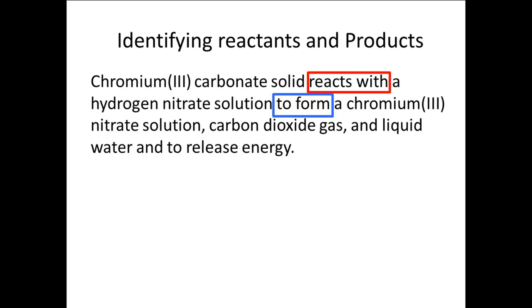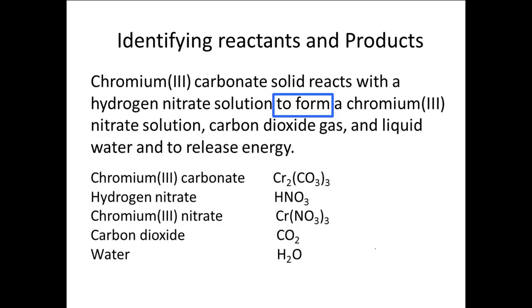The divider here is to form, and this sentence is written in a way that the first things are the reactants. The verb reacts with shows this. And the 3 substances after to form are all products. So, chromium(III) carbonate and hydrogen nitrate are reactants. Chromium(III) nitrate, carbon dioxide, and water are products.